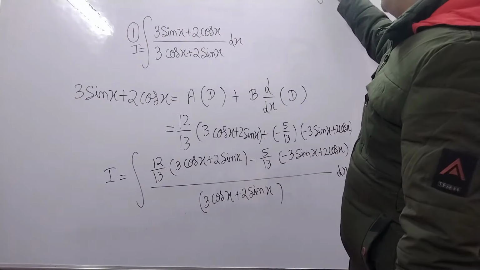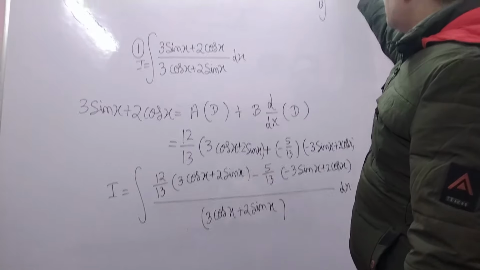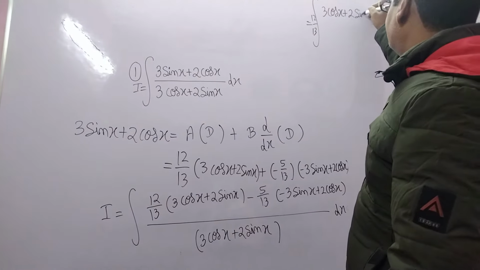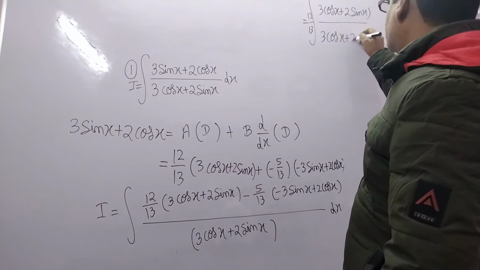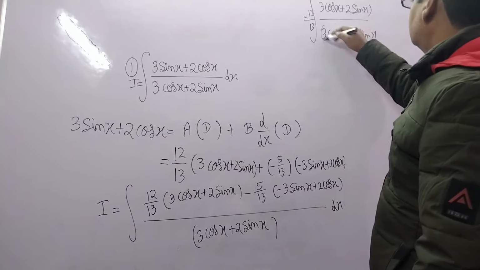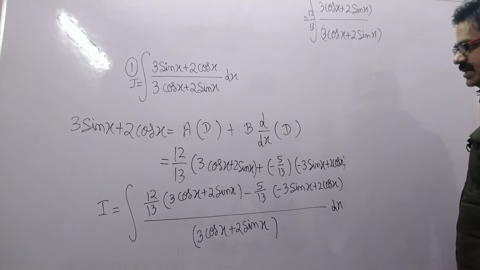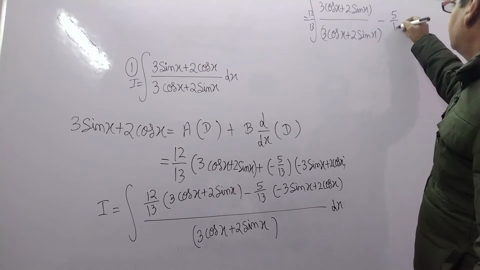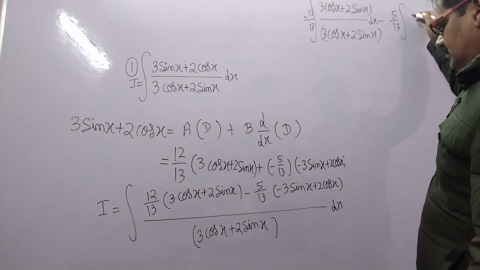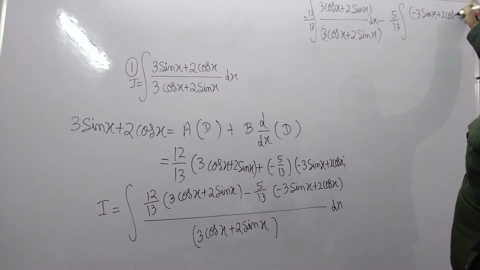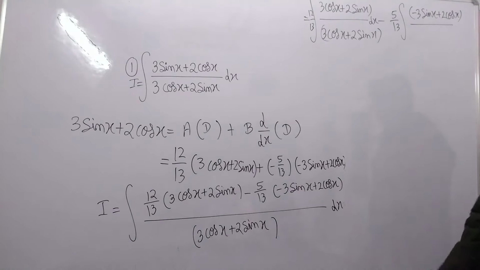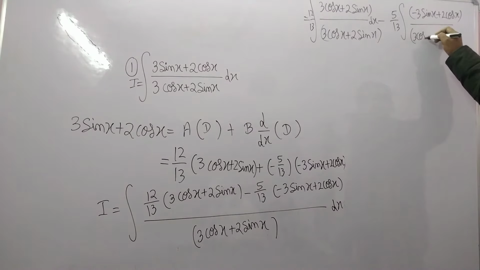First integral is 12 by 13 times (3 cos x plus 2 sin x) upon (3 cos x plus 2 sin x), and second integral is minus 5 by 13 times (minus 3 sin x plus 2 cos x) upon (3 cos x plus 2 sin x) dx.